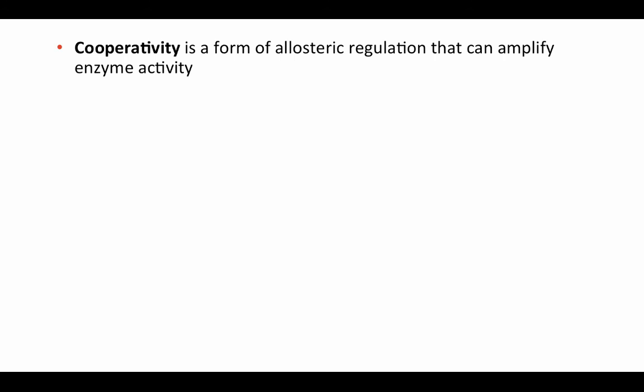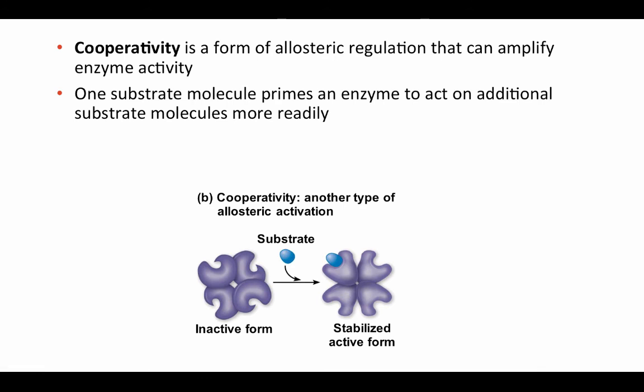Cooperativity is a special case of allosteric regulation that can amplify enzyme activity. So this is going to be an allosteric activator. When the substrate binds to one of the active sites on one of the polypeptide subunits, that's going to stabilize the active form in all of the other subunits.